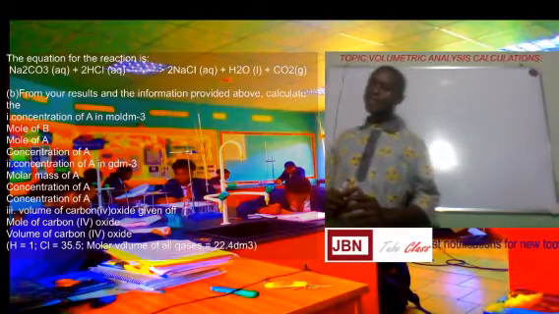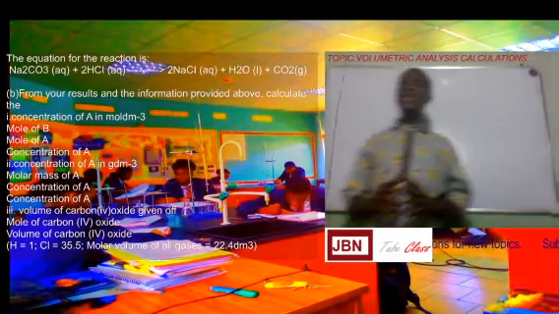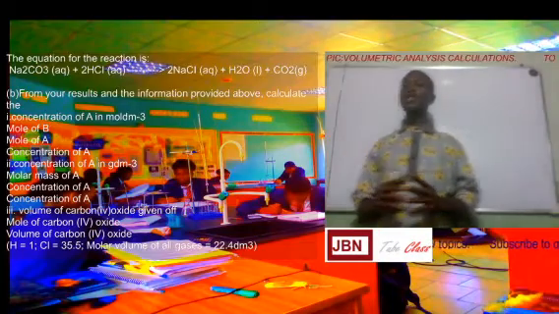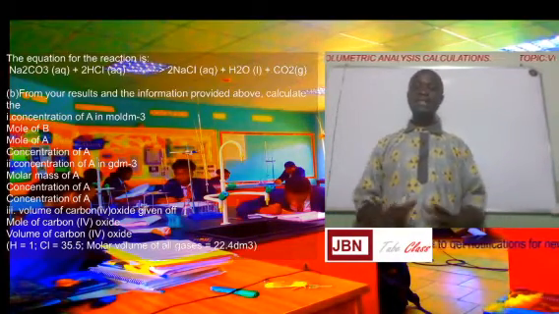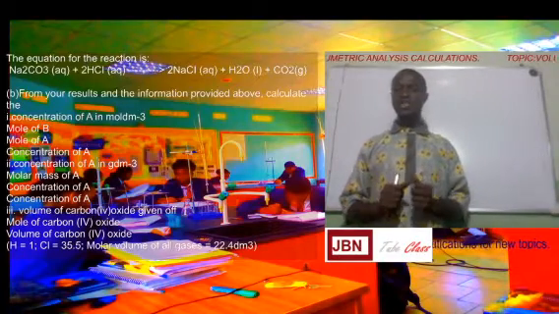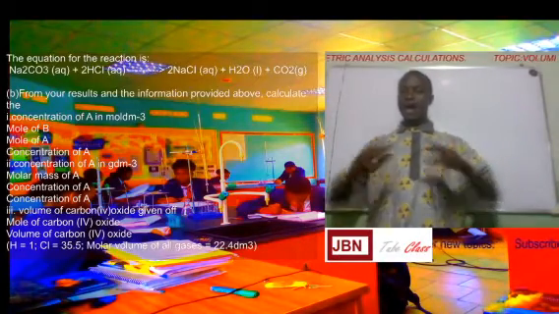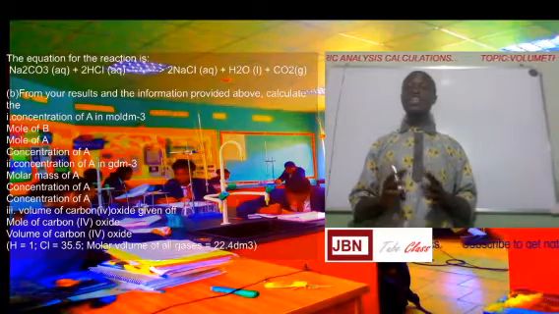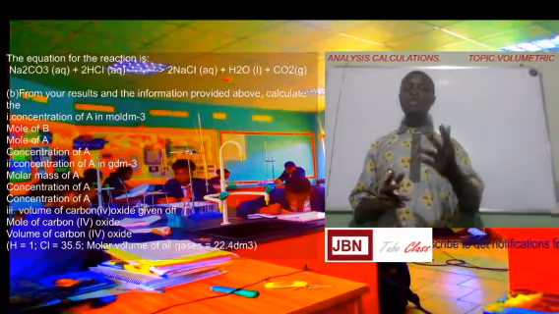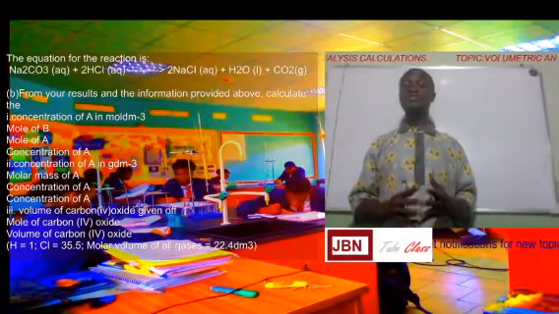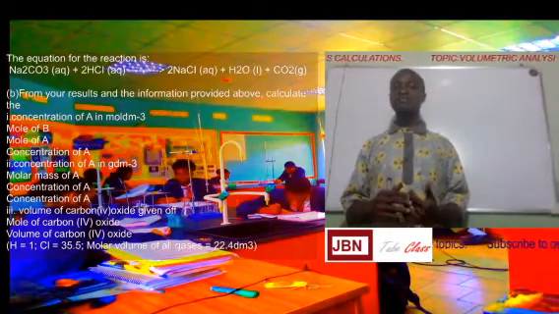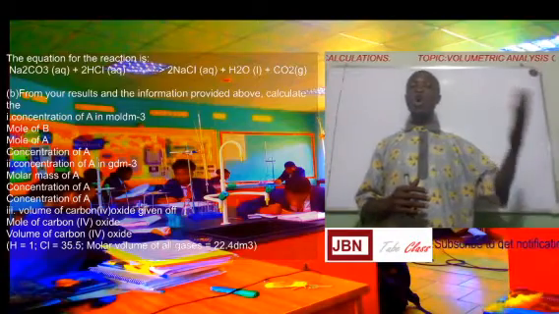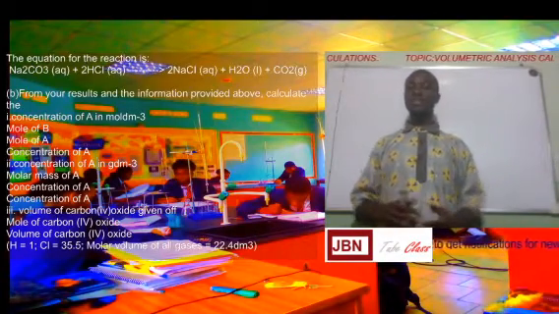This is another simple aspect in carrying out volumetric analysis calculation. Our center point is always the number of mole. To calculate the volume of carbon dioxide given off, you can do that using the number of mole of the acid or using the number of mole of the base.